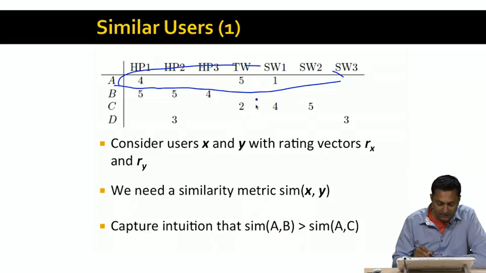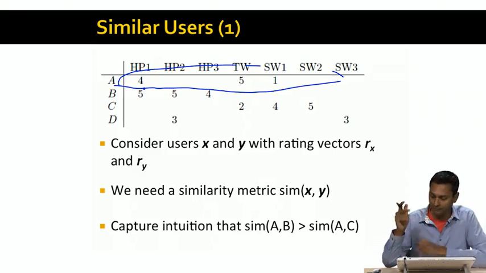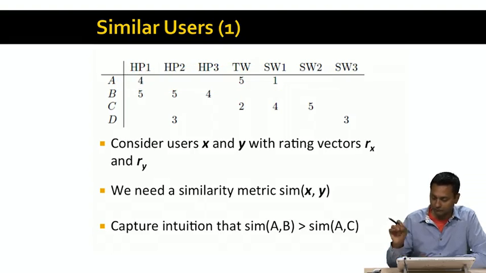But their ratings are very dissimilar. A seems to like Twilight, while C doesn't like it, while A hates Star Wars 1, while C loves it. So it seems intuitively that users A and C are dissimilar, while users A and B are similar. And so we'd like to capture this intuition when we define the notion of similarity. We'd like the similarity of AB to be higher than the similarity of AC. Let's see how to do this.